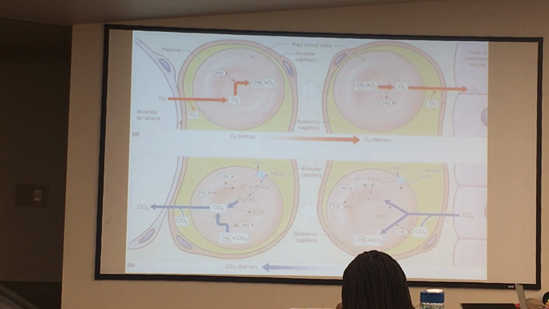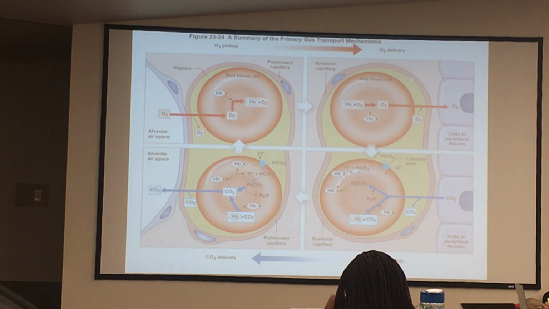And here's the old book and here's the new book, the same thing. They show you oxygen is very easy, it is mainly carried by hemoglobin from the alveoli and delivered to tissue. CO2 is a different story. CO2 comes in and mainly becomes the acid, and then goes out as bicarbonate ion and stays in the plasma and is transported to the lung.